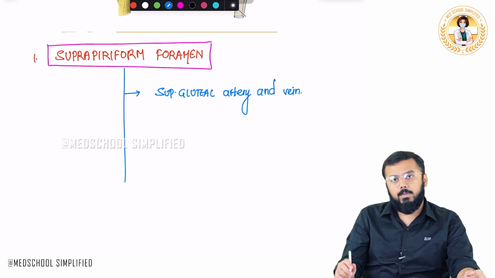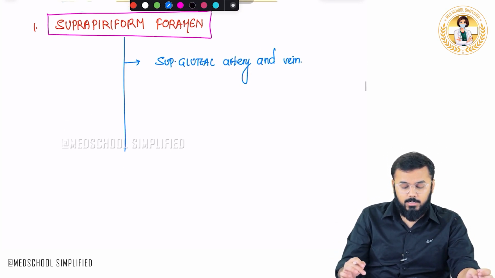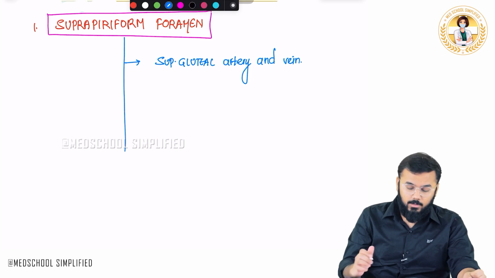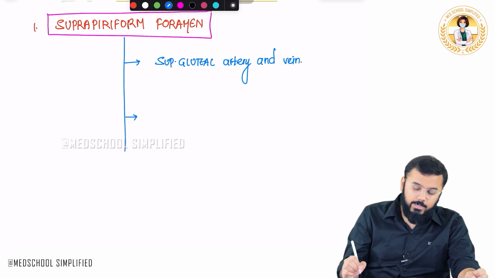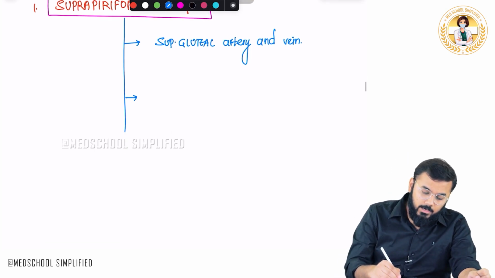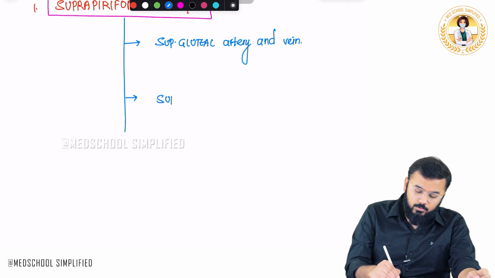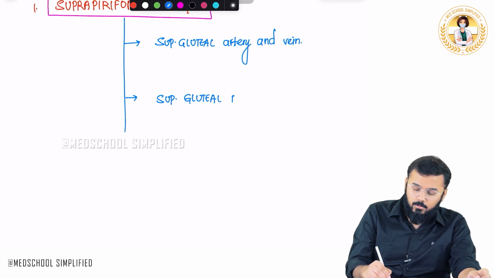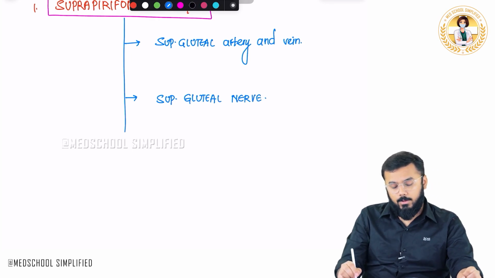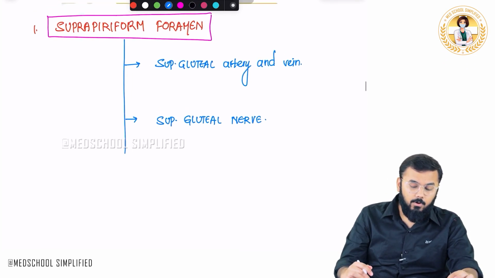Superior gluteal artery as well as vein, these are the two structures that are coming out of the suprapiriform foramen. The next important thing is the superior gluteal nerve, which is also coming out of your suprapiriform foramen.